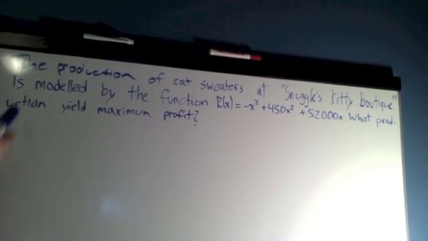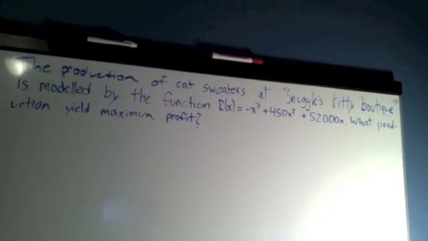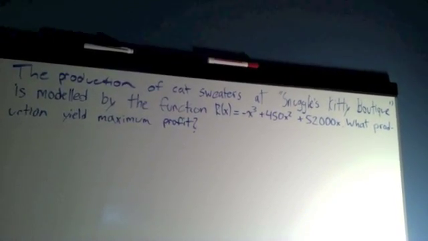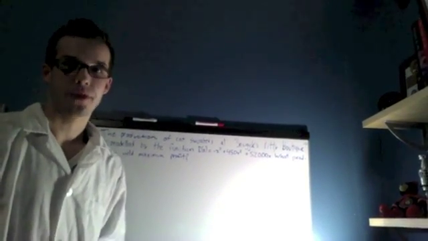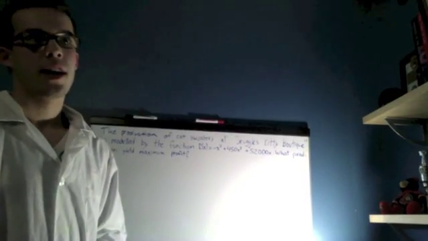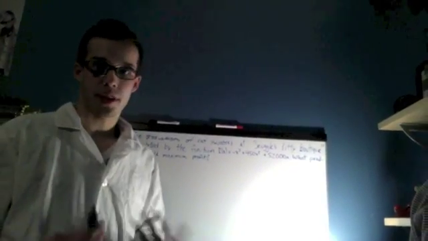So the question is, how many cat sweaters will you have to sell to yield the maximum profit? How many cat sweaters will we have to sell to make the most money, which is a very important question. The first thing we need to do is set a domain. When you're talking about revenue, your revenue is only going to be greater than 0. So we need to find when this function is greater than 0, and establish a domain that makes sense for this question.